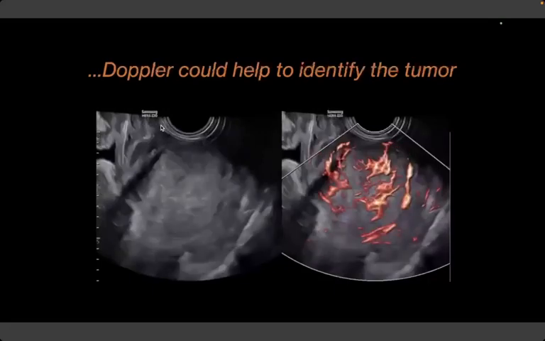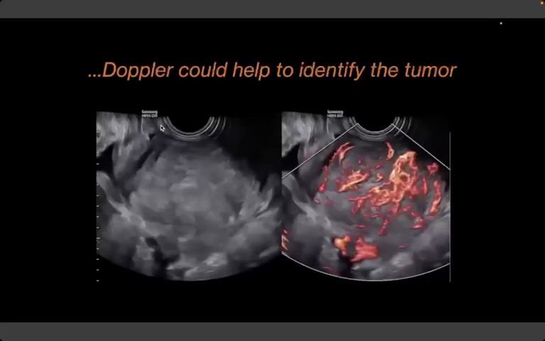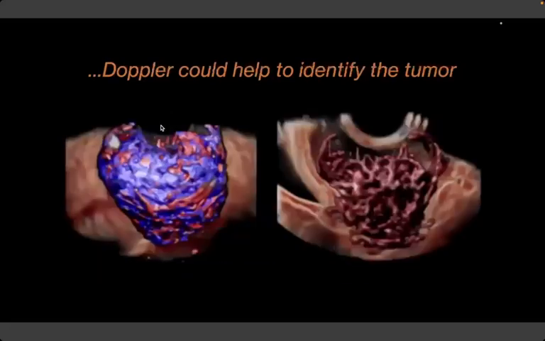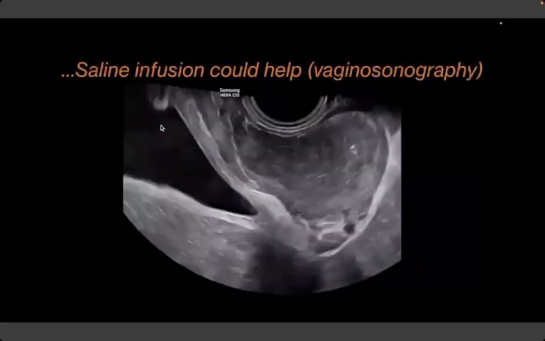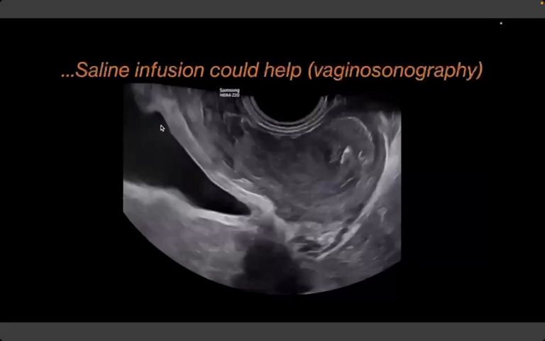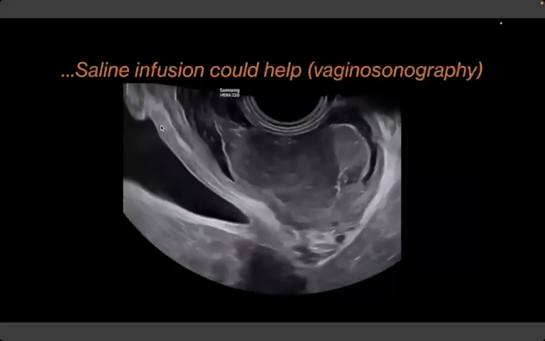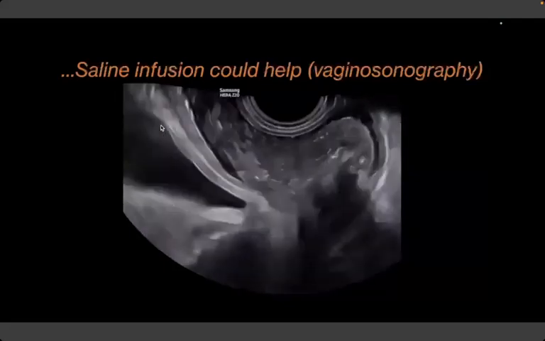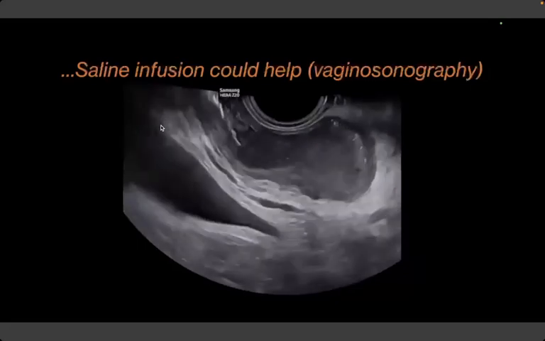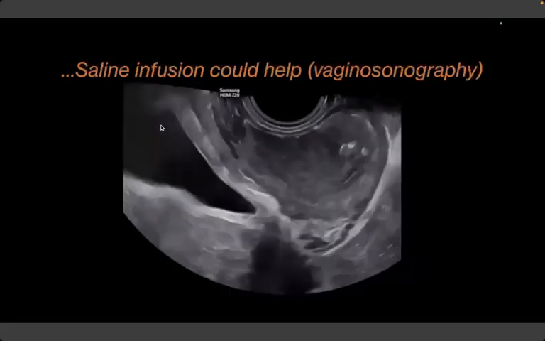Through 3D power Doppler rendering or color Doppler rendering, it is possible to obtain a realistic assessment of the vascular pattern of the lesion. The introduction of saline solution into the vagina, performing a vaginosonography, can also help us to better highlight the tumor outlines.